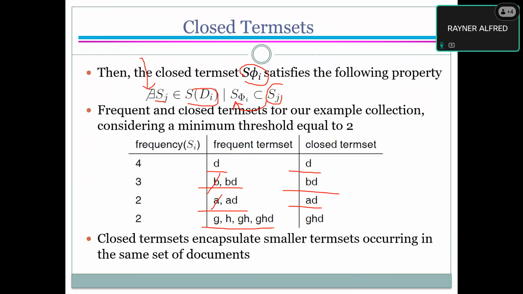And similar to this, we just pick the biggest one. By having this closed term set, we don't have to compute the weightage of the single and two term sets. We just consider the closed term sets only, because we want to reduce the computation.